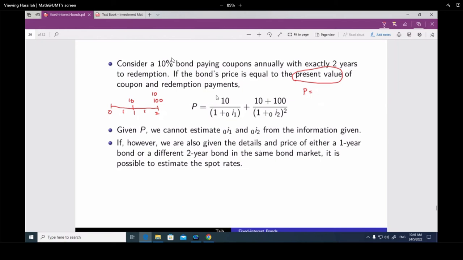You nak cari P. P itu value, present value of bond. Macam mana? Konsepnya mestilah you discountkan setiap cash flow yang ada. Okey, jadi cash flow yang ada kat sini ada 3.